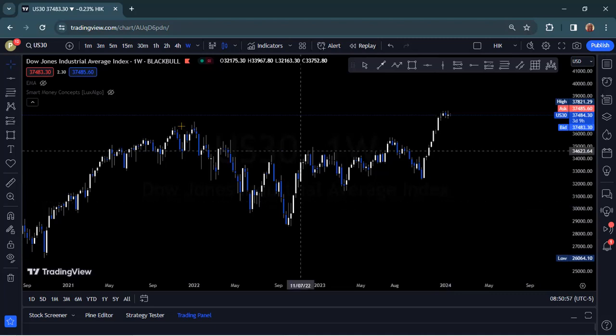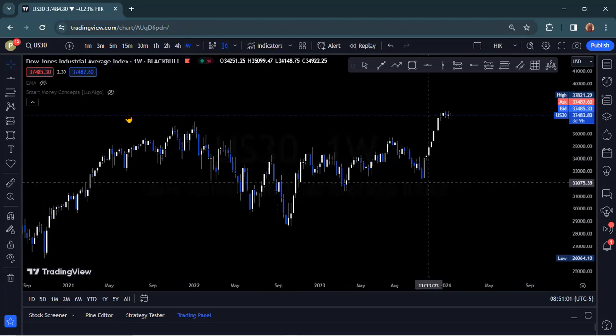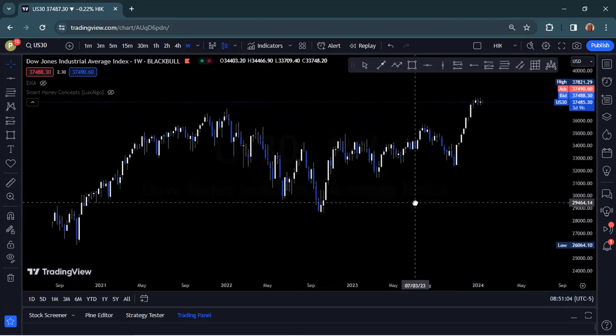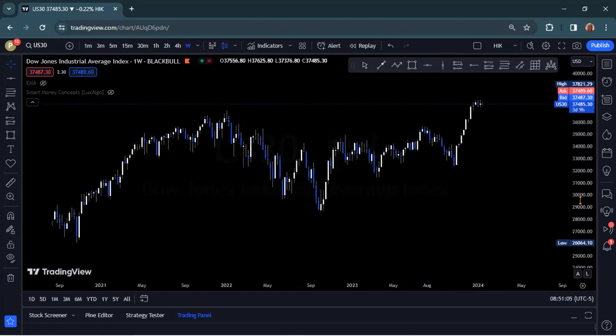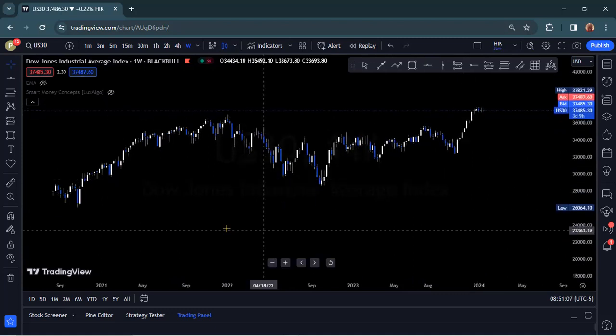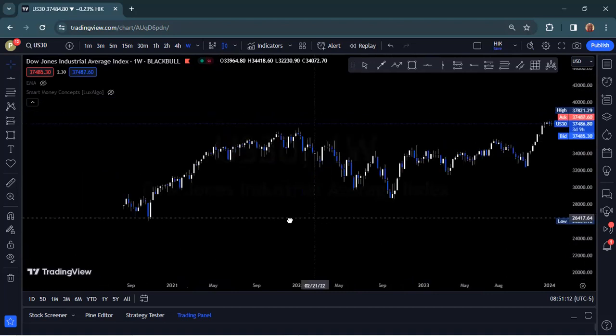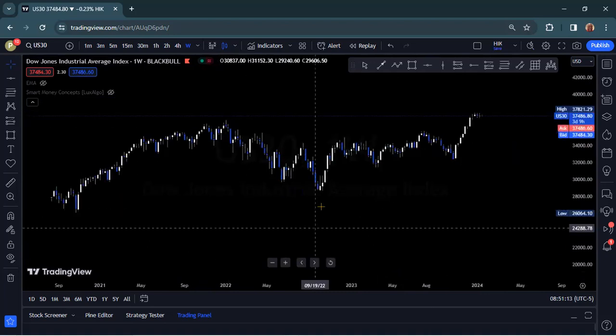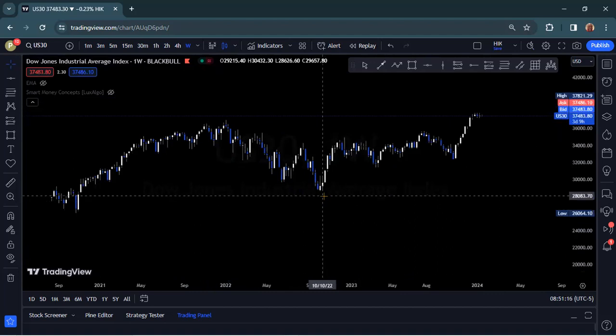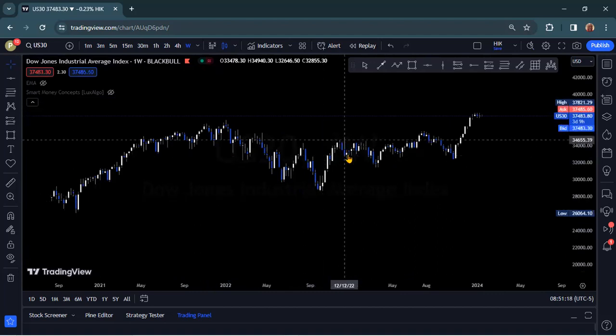So basically, I start off with the weekly, right? Weekly. And the very first thing I'm looking at in the weekly is what trend we're in. Are we in an uptrend or a downtrend? So if I'm looking at this chart, and I'm stretching it out, I notice that we're making higher highs, higher lows.